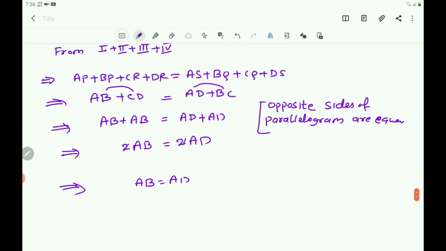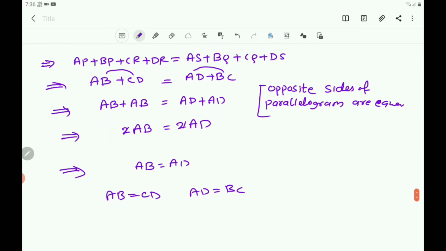And also you know that here AB is equal to CD and AD is equal to BC. Therefore, you can have AB is equal to BC is equal to CD is equal to AD.